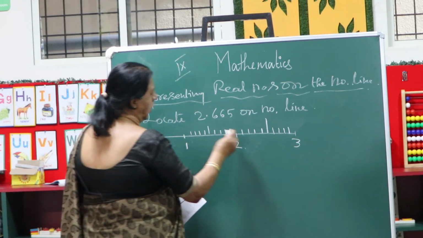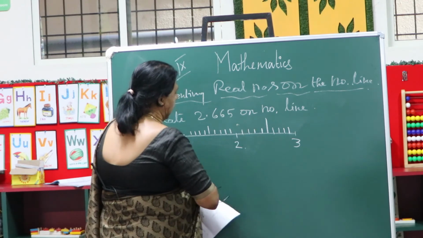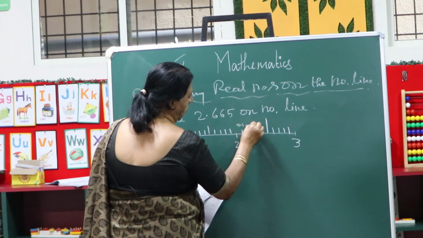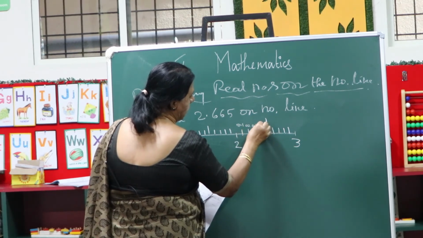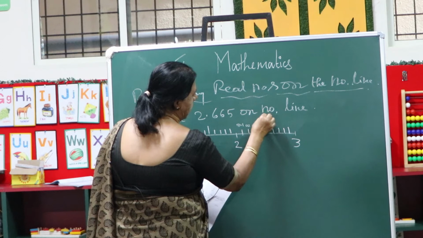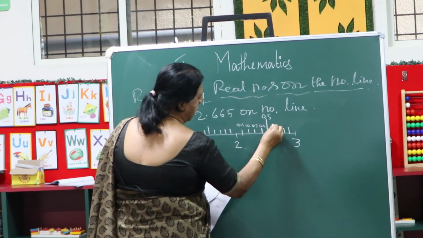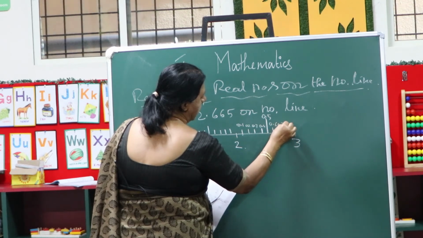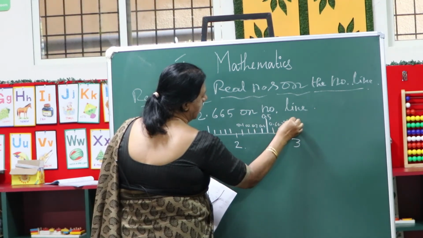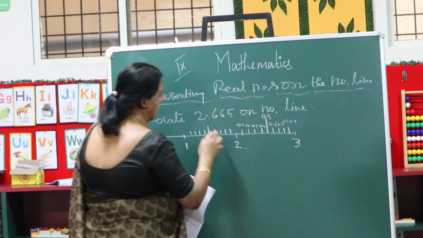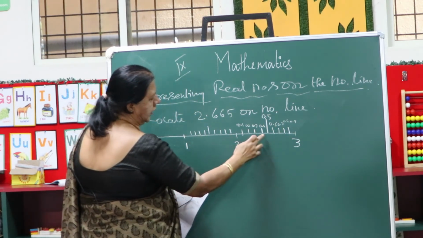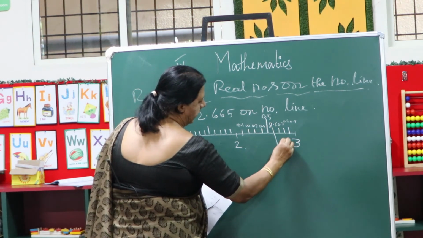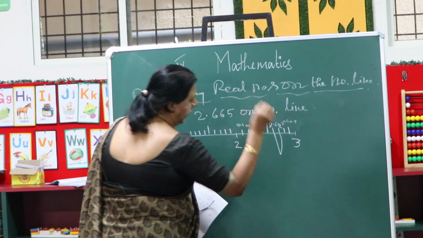See, look at the board now. What do you want? 2.01, 2.02, 2.03, 2.04, 2.05, 2.06, 2.07, 2.08, 2.09. But here 2.6, where it is 2.6, here is a 2.6, in between 2.7 you have to take.